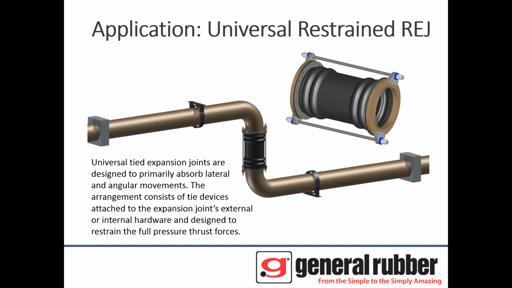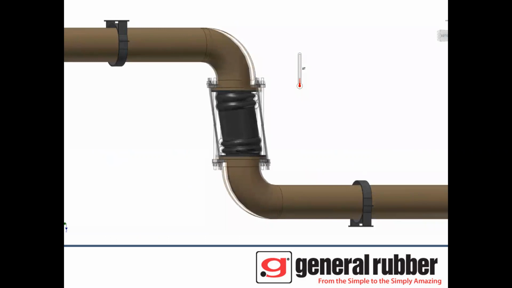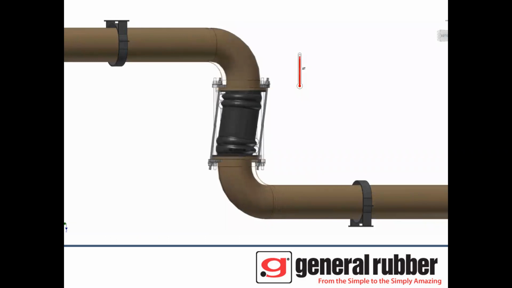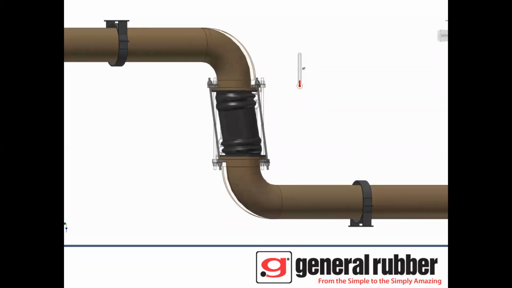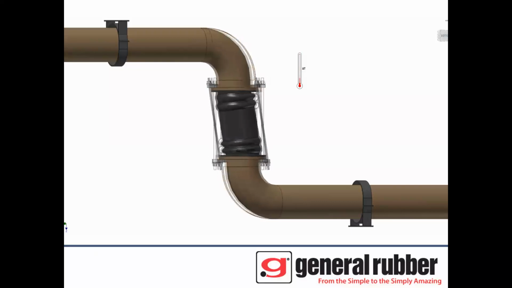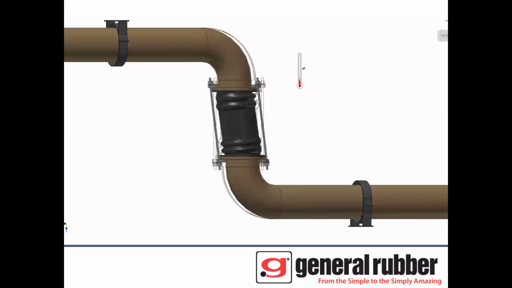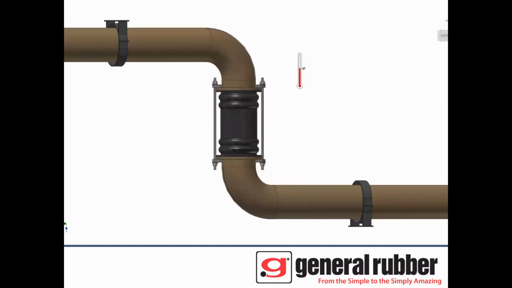Notice here the reduction in anchor size and the number of guides due to the restraint being part of the expansion joint. Functionally, the expansion joint is indirectly absorbing the axial thermal movement in the long pipeline by taking advantage of a change in pipe direction and accepting it as lateral movement at the expansion joint.